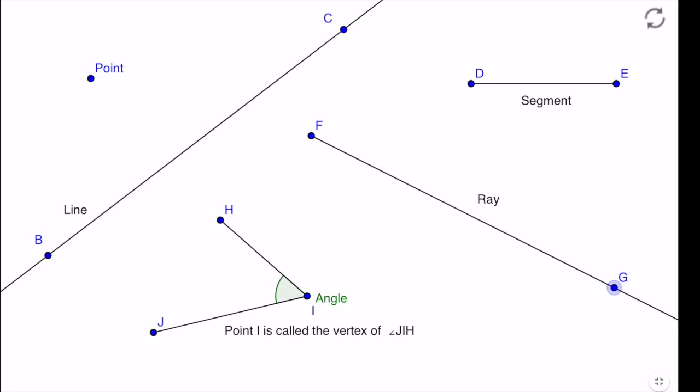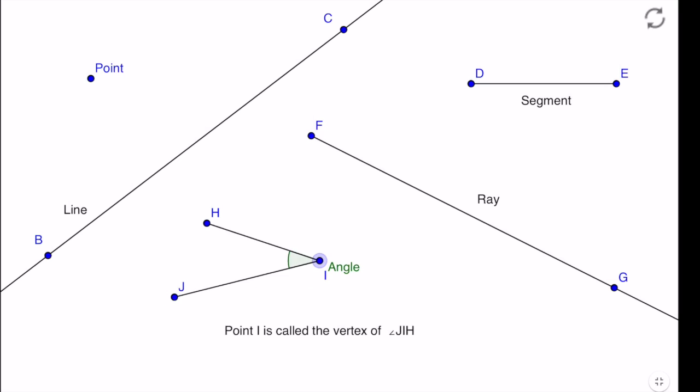Then here comes the interesting part, would be HIJ, these points here. You have H, you have I, and J. And when you have 3 points, you want to think of HI as one line segment, and then JI as another line segment. And when these 2 line segments intersect or meet, in this case meet, what do you get?